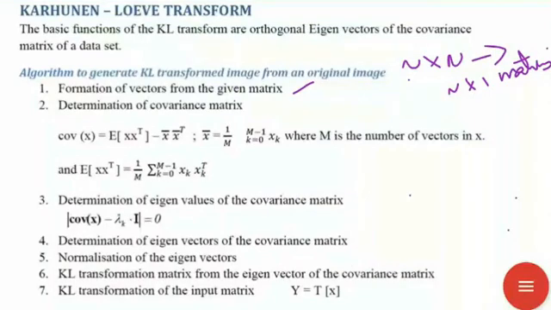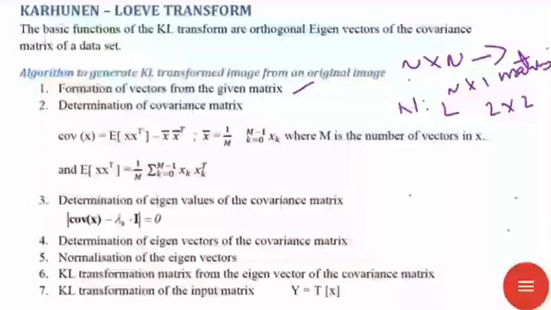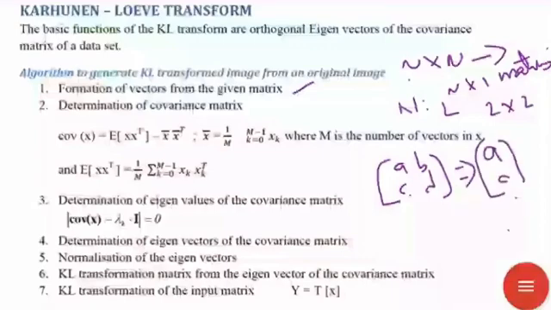For example, if n is equal to 2, we have a 2 by 2 matrix. You just convert this 2 by 2 matrix into two 2 by 1 matrices.